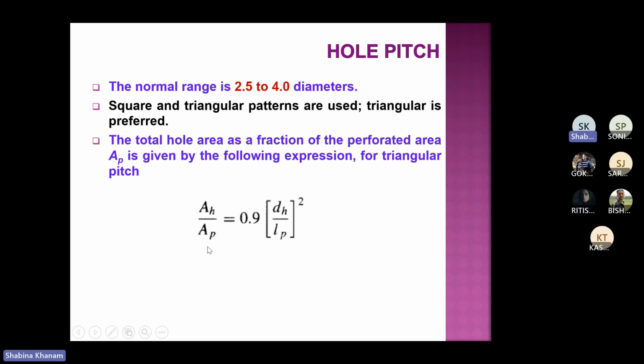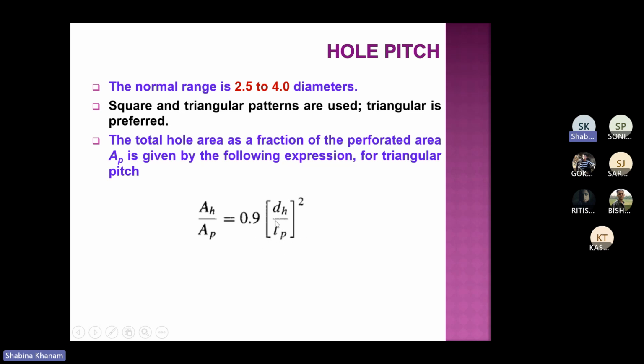So if you see here, I'm having the ratio of AH by AP. What is AH? It is the hole area, and AP is the perforated area. That is related by the expression 0.9 into dh by lp, squared.